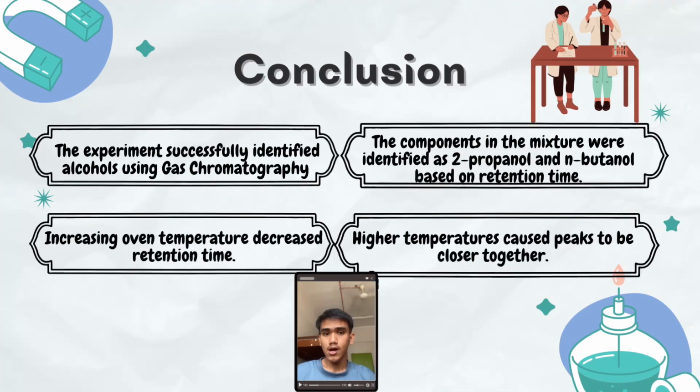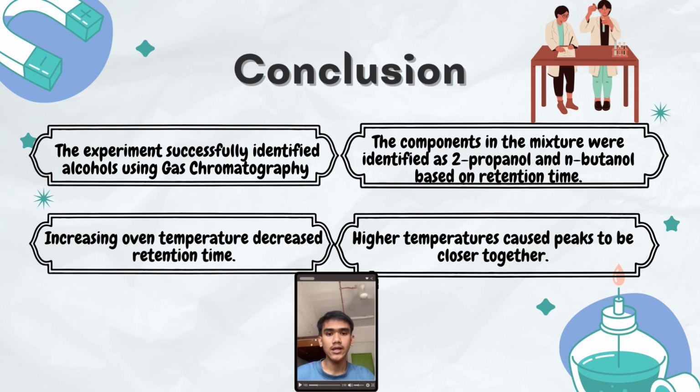For the conclusion, the objective of this experiment was successfully achieved through the qualitative analysis of alcohol standards and mixtures using gas chromatography. By comparing the retention times, the two primary components in the standard mixture were identified as 2-propanol and N-butanol under the initial temperature program of 70 to 140 degrees Celsius.